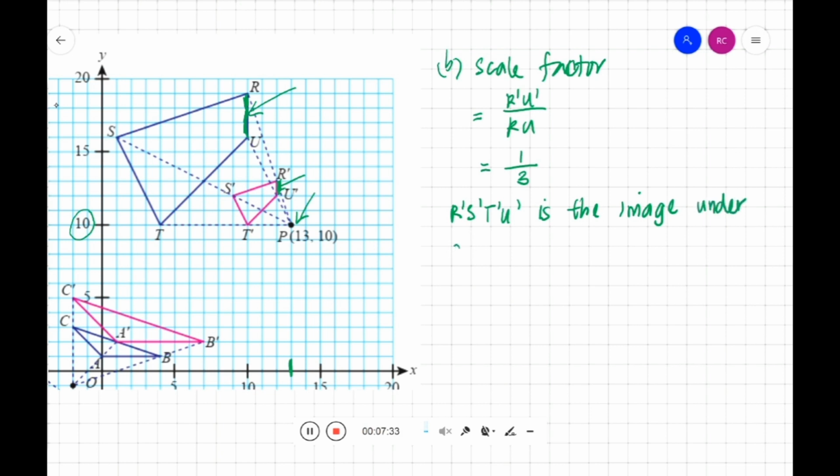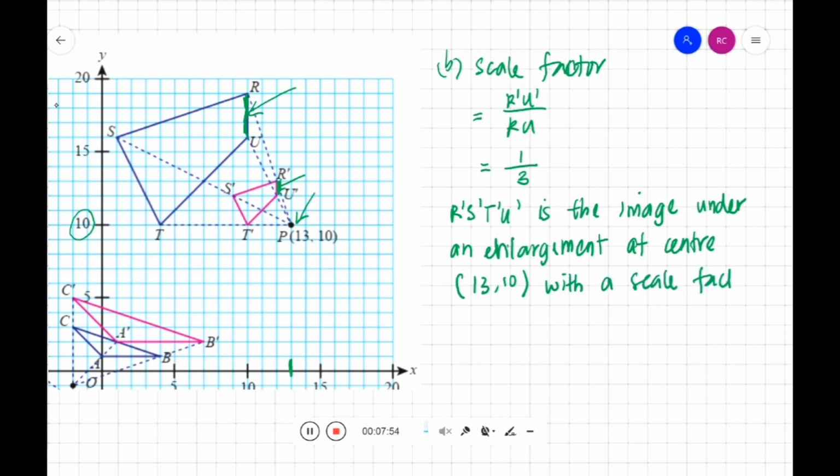Is the image under an enlargement at center (13, 10) with a scale factor of 1/3. So you just remember, whenever you want to describe an enlargement, just make sure you need to describe the center and also the scale factor.